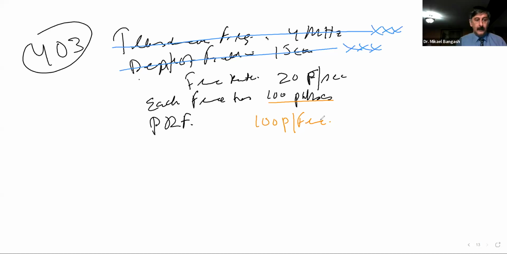Where we had 20 frames per second. Which will give us pulses per second.